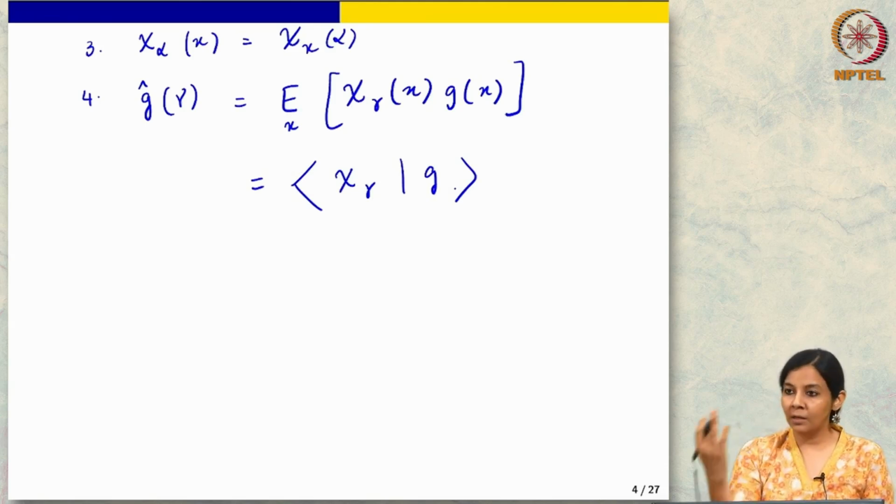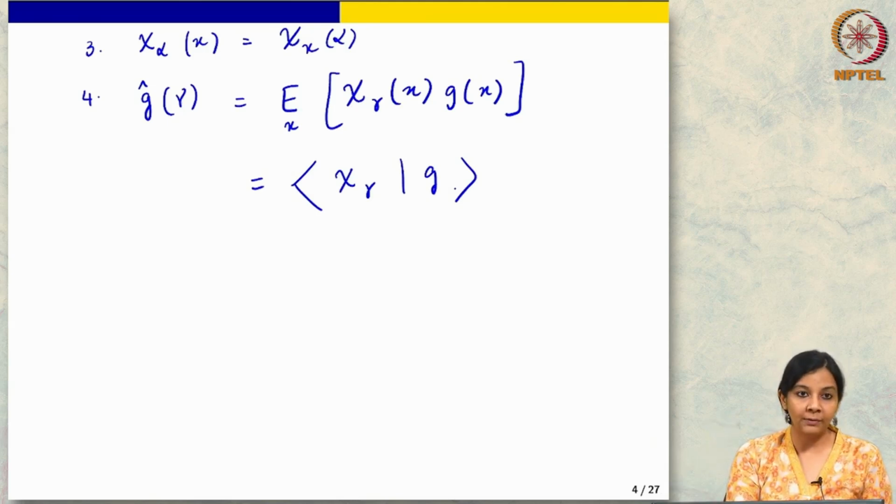Whenever I do a change of basis, going from one orthonormal basis to another, I can always compute the coefficients in this way. At least to me it is easier to remember it in this way than this expectation.